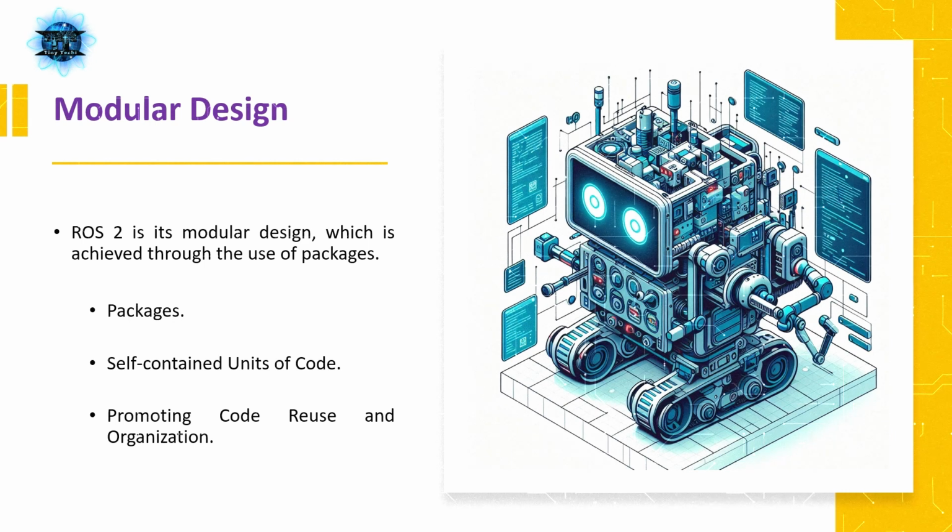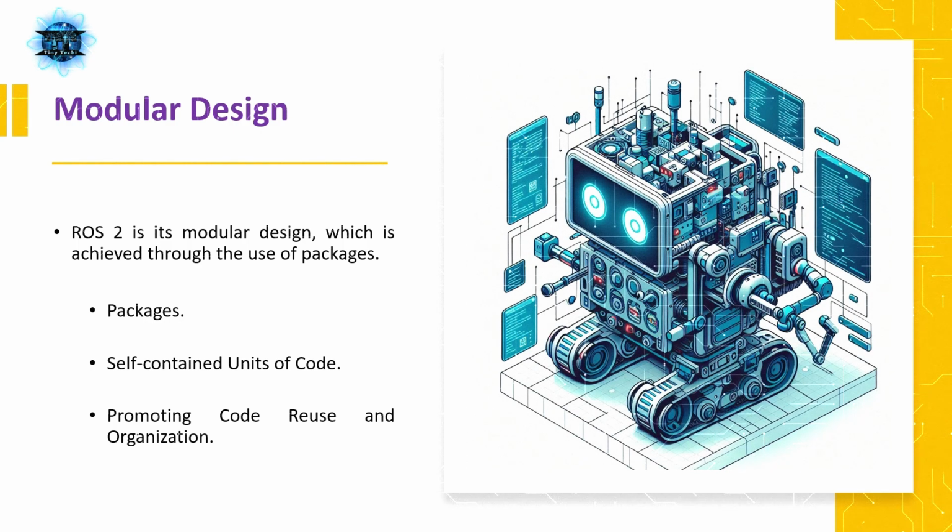And coming to promoting code reuse and organization. What is code reuse and organization? Imagine if you had a set of tools that you could use for building different things, not just one specific item. It means you can use them for multiple purposes. Packages in ROS2 are like reusable toolkits for building robot features.